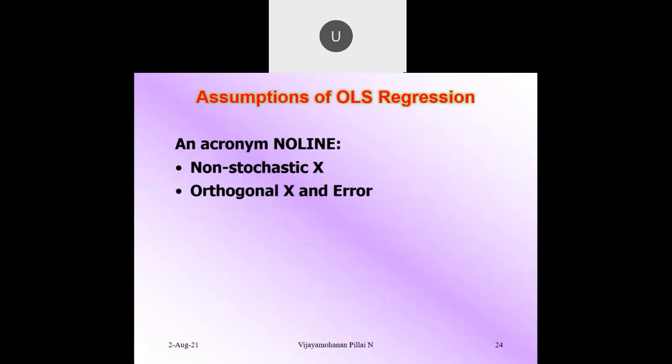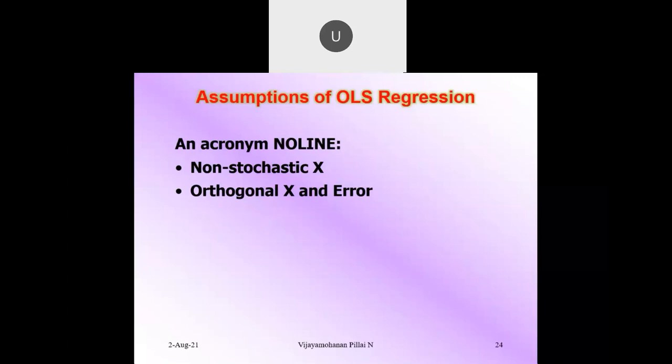So instead of variance, sometimes we say scedasticity. If we have a variance function, then we also say that we have a scedasticity function. So homoscedasticity means constant variance.